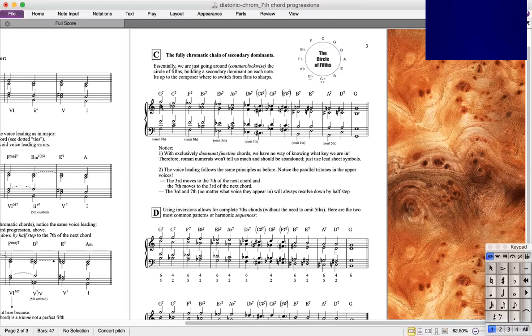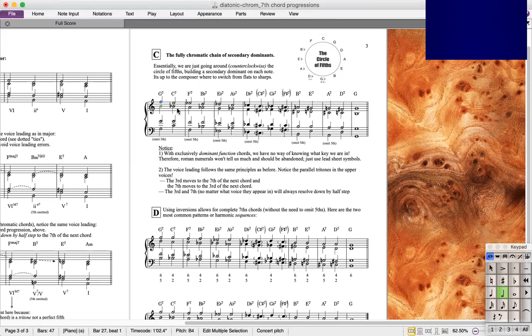And so what you end up with is this really continuous chain of tritones, right? Remember, that's the interval between the 3rd and the 7th of a 5/7 chord that makes it really dissonant. That's the thing that needs to resolve. So in this voicing, to make it really clear, we have that tritone here in the top 2 voices. And so you can see that B to F is a tritone.